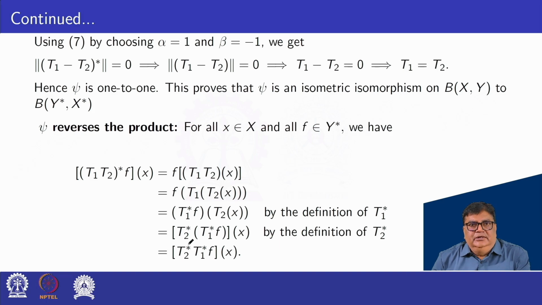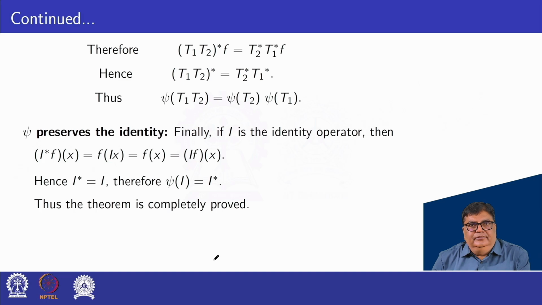That is T2* T1* f (x). So this is equal to this. So we can write (T1T2)* f is equal to T2* T1* f. Again, this can be written as (T1T2)* is equal to T2* T1*.